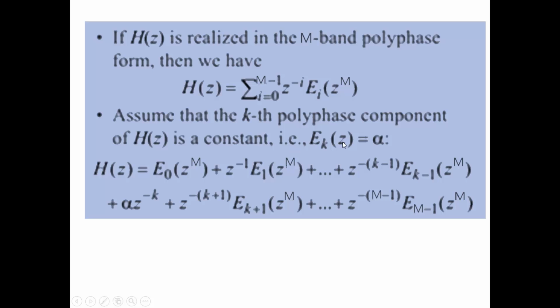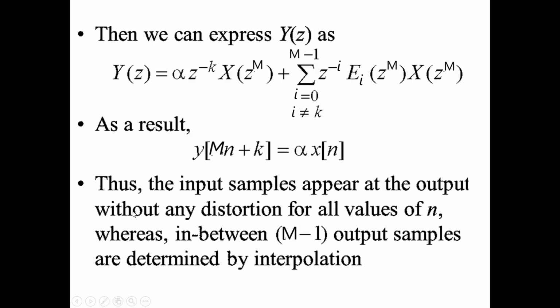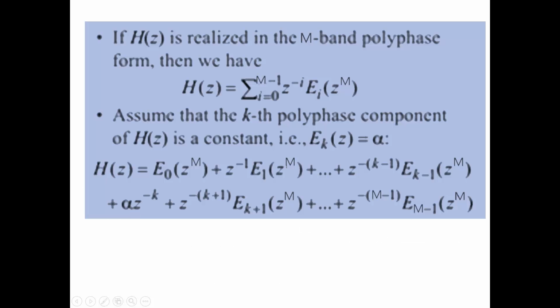That means E_k(z) is alpha. So we can represent this kth term as alpha z to the power minus k. So this is the delay chain, because the delay element will be there, and the rest of the things are constant, and we put it equal to alpha.